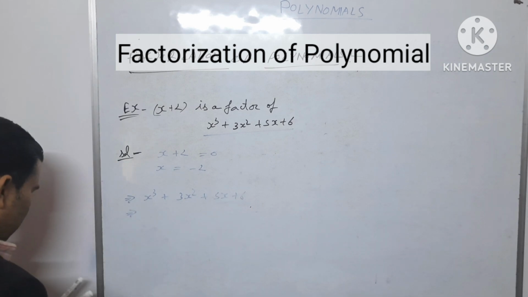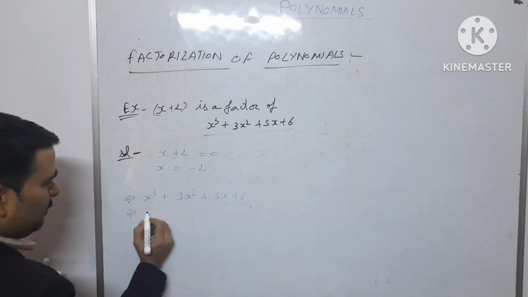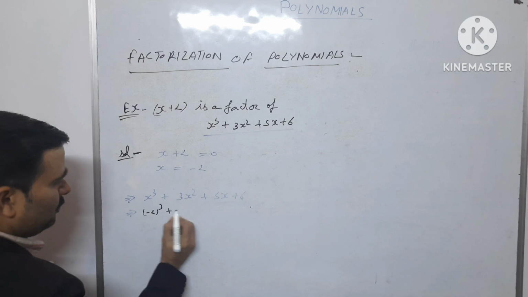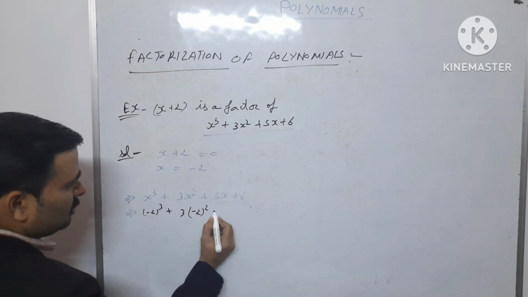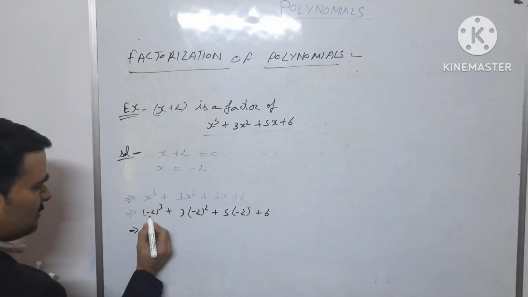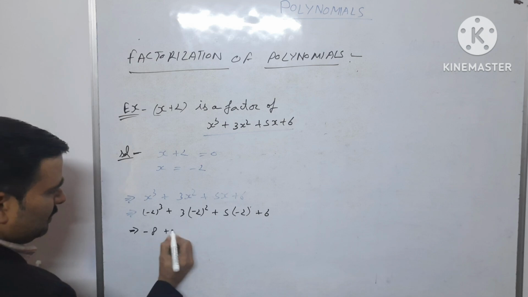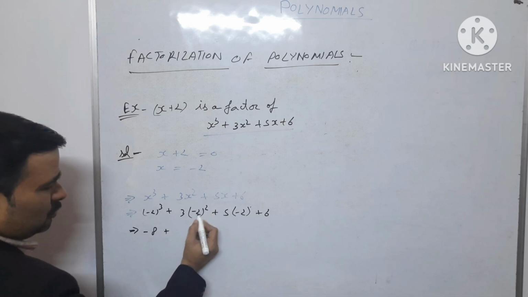In place of x we put minus 2: (minus 2) cube plus 3 times (minus 2) square plus 5 times (minus 2) plus 6. After solving, (minus 2) cube is equal to minus 8.